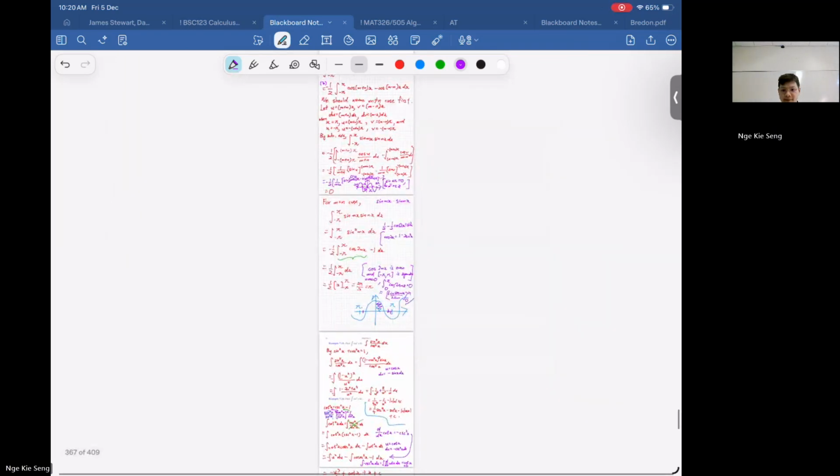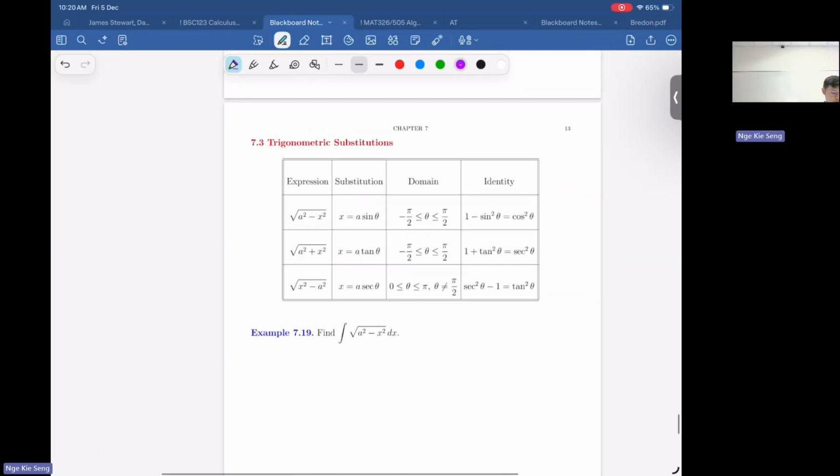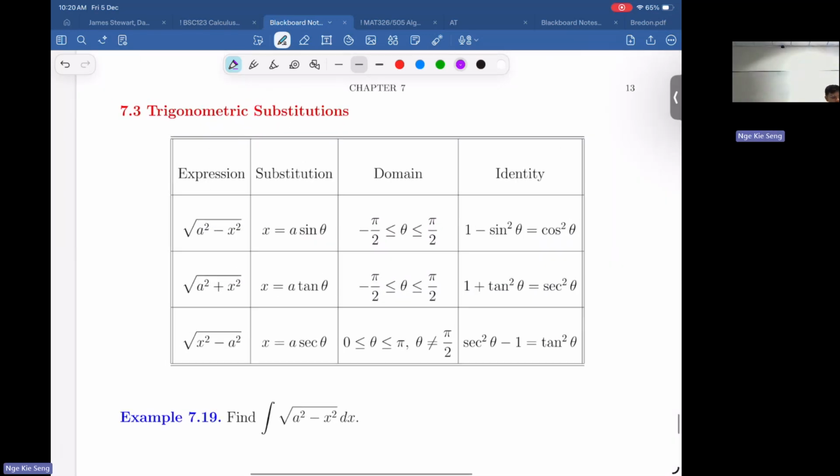Okay, so let's continue. We'll continue with this trigonometric substitution. So what's the business of this? What's the rationale of this? Where do these things come from?